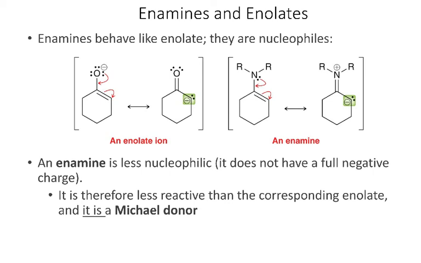It's more reactive, right? It's too reactive to give us the 1,4 addition that we want. In the case of the enamine, we have this lone pair, but the molecule itself doesn't have a full negative charge. Therefore, it's less reactive, and being less reactive, it will give us the 1,4 addition that we need to get a Michael reaction. And so, while the enolate can't work as a Michael donor, the enamine can.